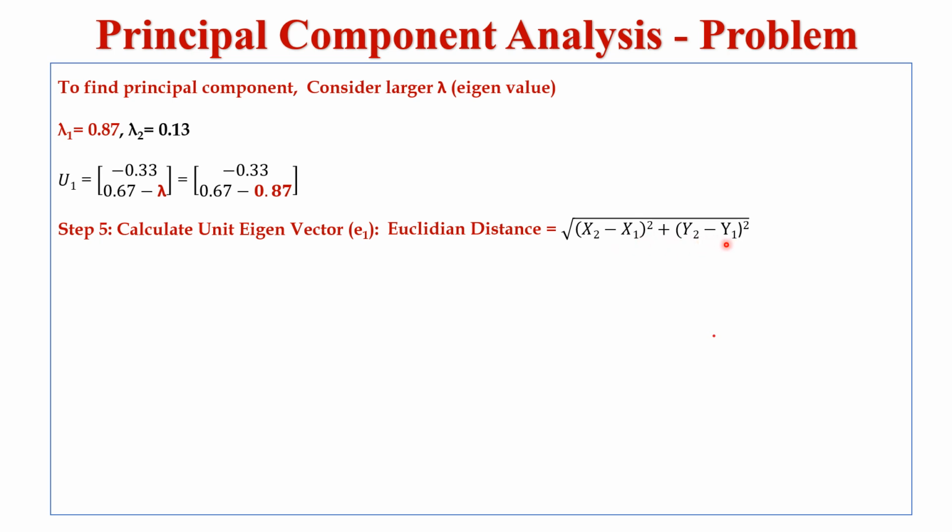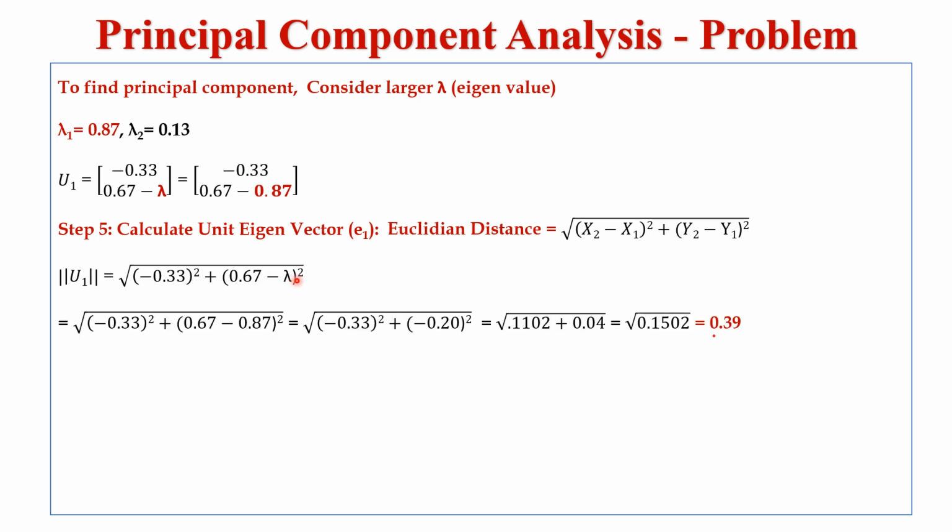So the distance of u1 can be written as square root of (minus 0.33) the whole square plus (0.67 minus lambda) the whole square. After simplifying this, we get the distance value of u1 as 0.39. Now we have to calculate the unit eigenvector E1.